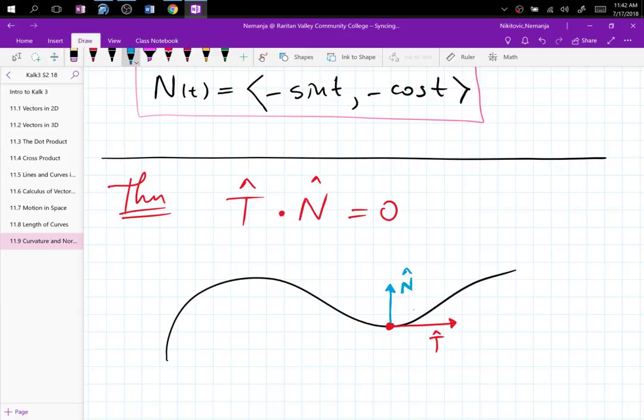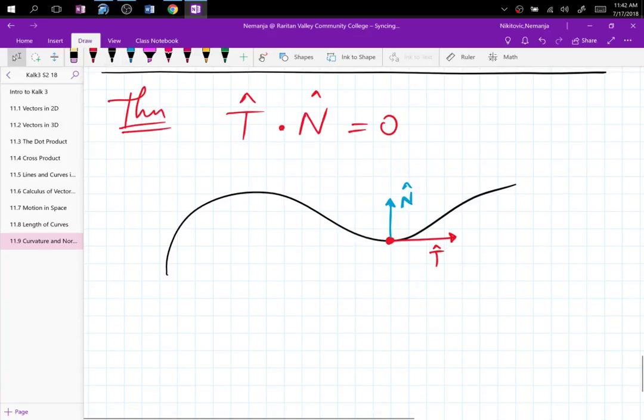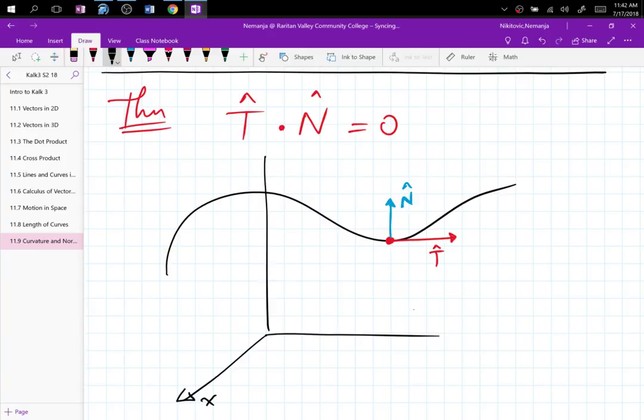The line that we have here is going to sit in some 3D realm, X, Y, and Z. That line is described by vector R of t, which is the set of parametric equations, 2 for 2D, 3 for 3D, and 7 for 7D, whatever.